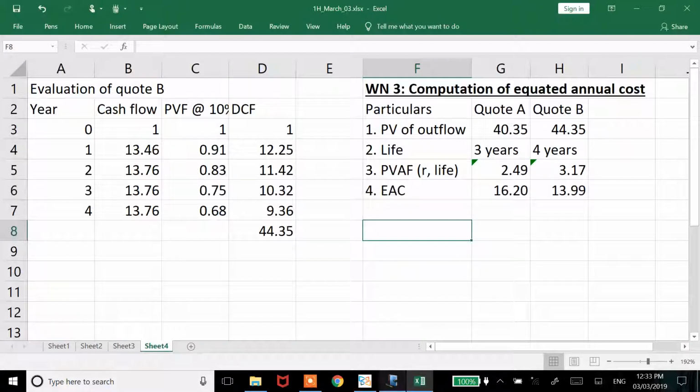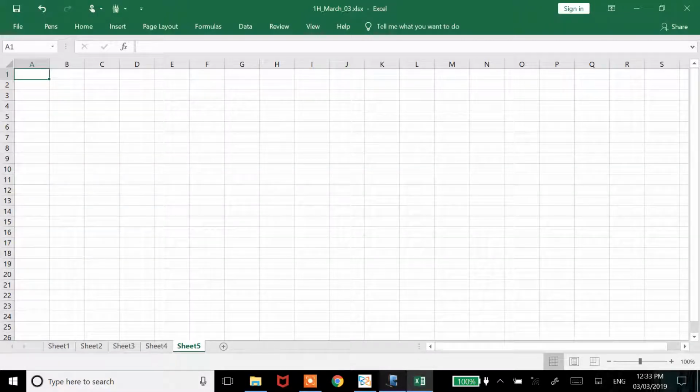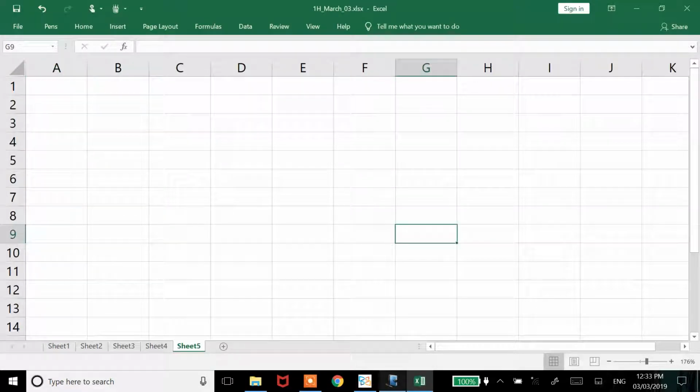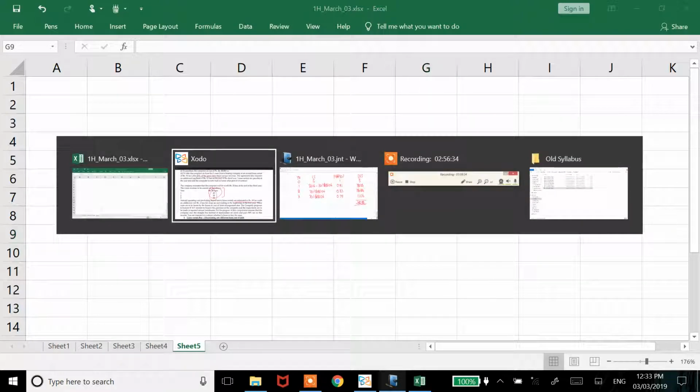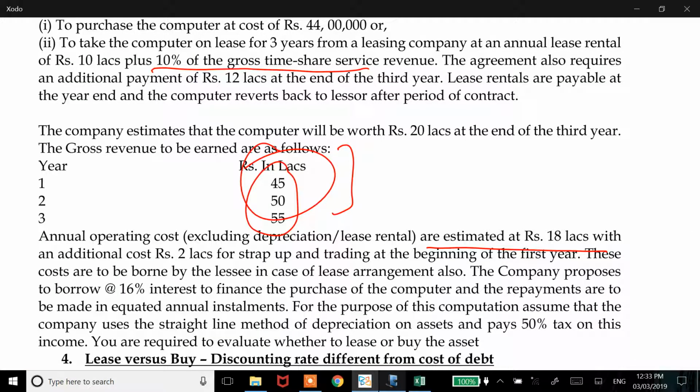Now write point number 1, revenues and annual operating cost. Revenues and annual operating costs are common for leasing and loan proposal.